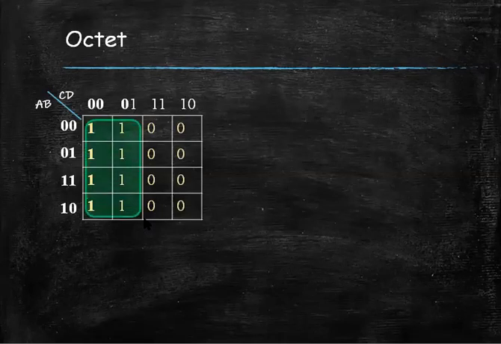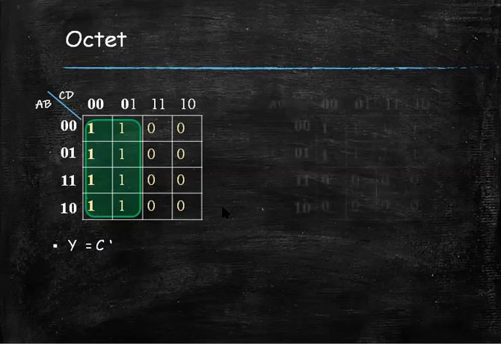Then looking at it, we can see that A, B are changing and also D is changing. Only C is unchanging. Then the result is Y must be equal to C bar. Here C bar is not changing.